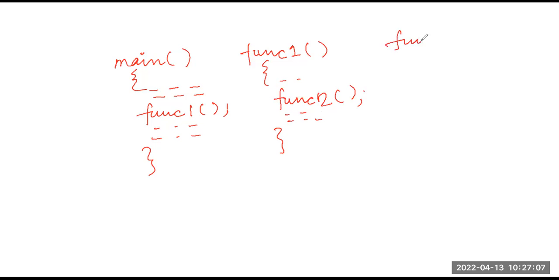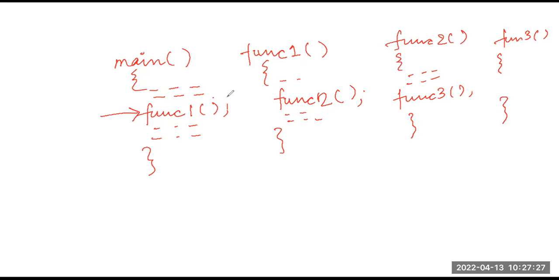Then suppose you have written something in function 2. From here, you can call your function 3. Then suppose you have written something in your function 3. Fine. So whenever the cursor comes over here inside the main, it will go to function 1. Whenever it comes here, it will directly go to function 2, and then to function 3.